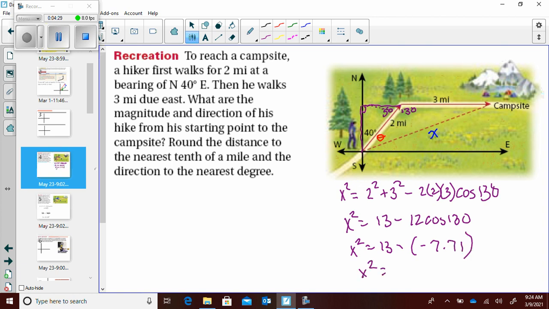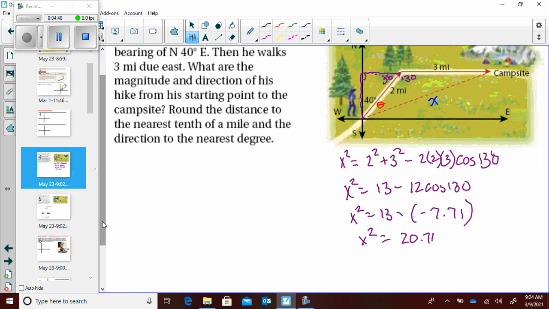Remember, if you're subtracting a negative, we're going to add it. So it's 20.71. And I'm going to square root that. And I'm going to get x equals 4.55.